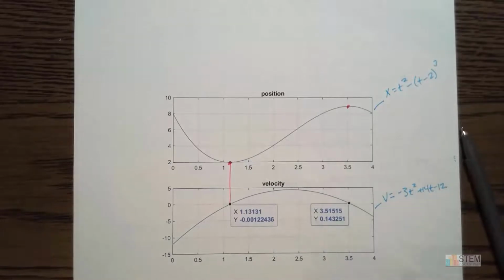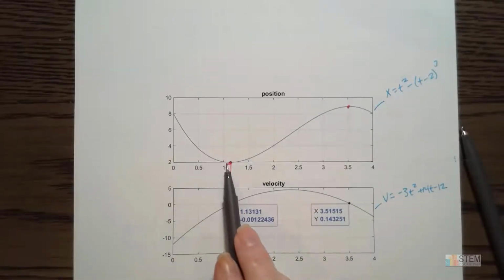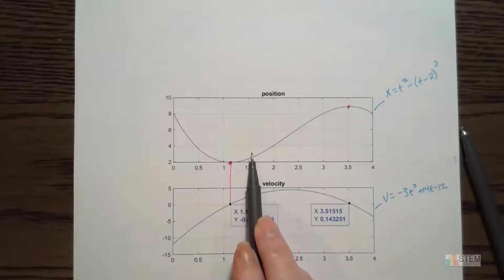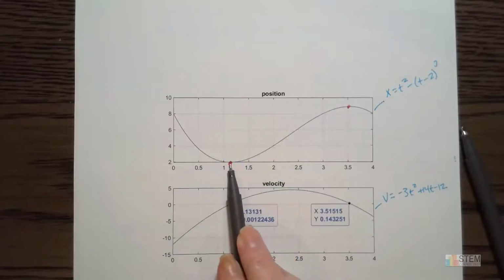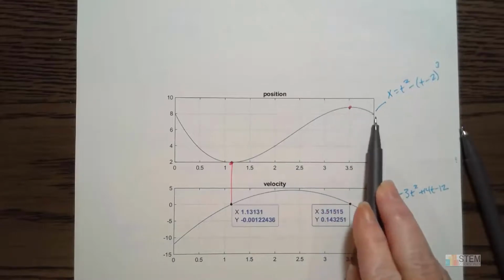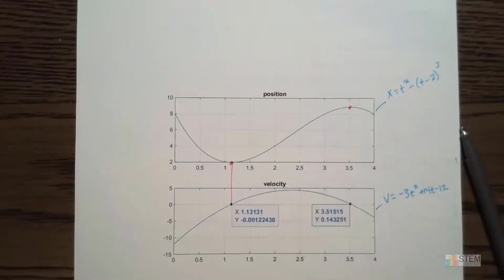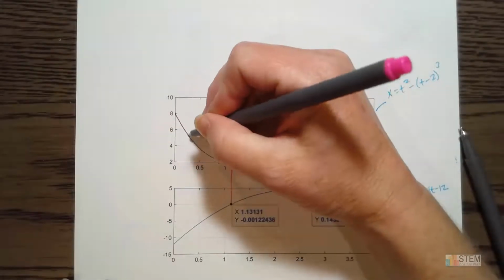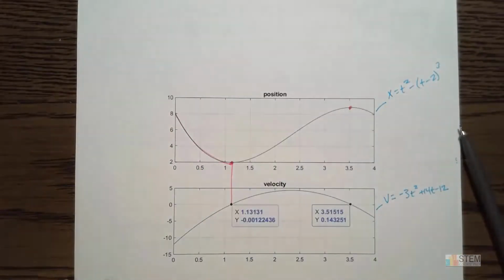Notice what happens. We're coming this way, and then we're changing directions, right? So we're coming from here down, and then we start going back up. And then once we get here, we start going back down, okay? So what we need to do then is we need to find this distance right here.